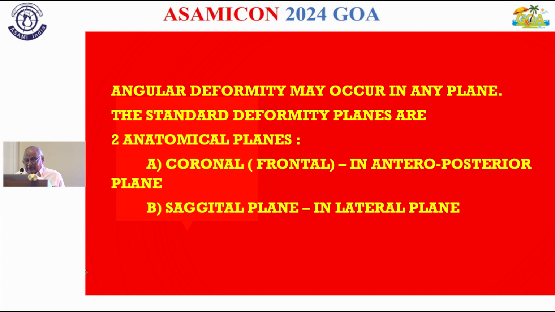Angular deformity may occur in any plane. The standard deformity planes are two anatomical planes, one the coronal plane, that is the AP view, where you see the angle, and the sagittal plane, what you see in the lateral view. But oblique plane deformity is between the two.